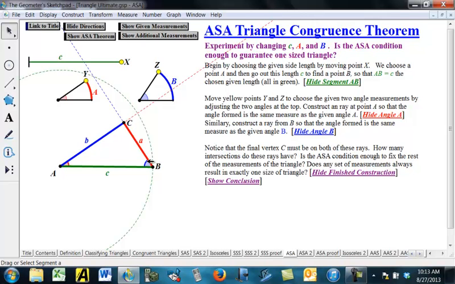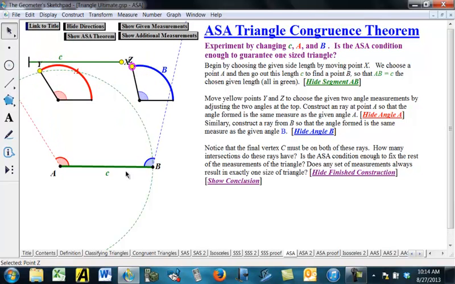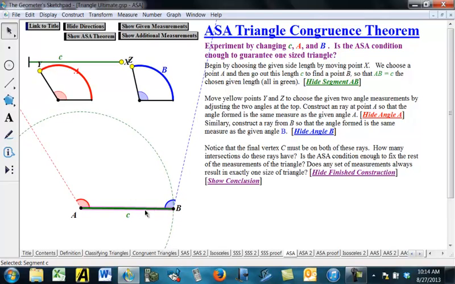Now the next question is, is there any way we can mess this up, in the sense that we can come up with some measurements where no triangle is possible? The answer is yes, but notice that if these angles are both too big, then these rays point away from each other and they never touch. How big do they have to be? If they add up to 180 degrees, then the two lines are parallel.